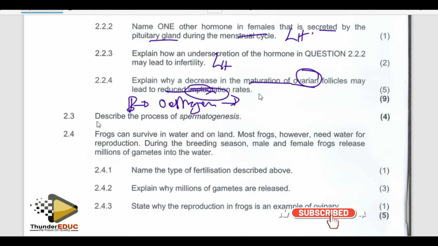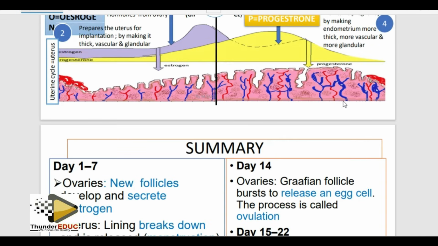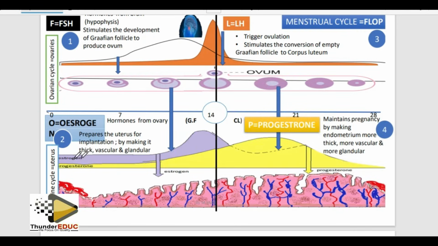It prepares the uterus for implantation by making the endometrium wall, by making the uterus thick, vesicular, and granular. I stated it here very well in the distinction material. Yes, you can go to reproduction, or you can come even here. Estrogen prepares the uterus for implantation. Check. By how? By making it thick, vesicular, and granular.